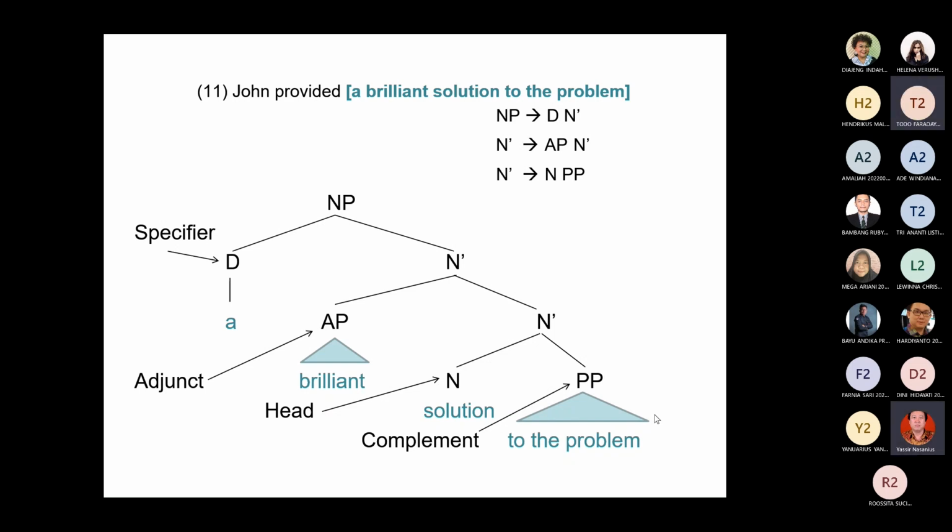Is that an NP, everybody? Yes. The question is which one is the complement, which one is the adjunct? Which one is the specifier first? The determiner, a. Now, what about of linguistics and with long hair?